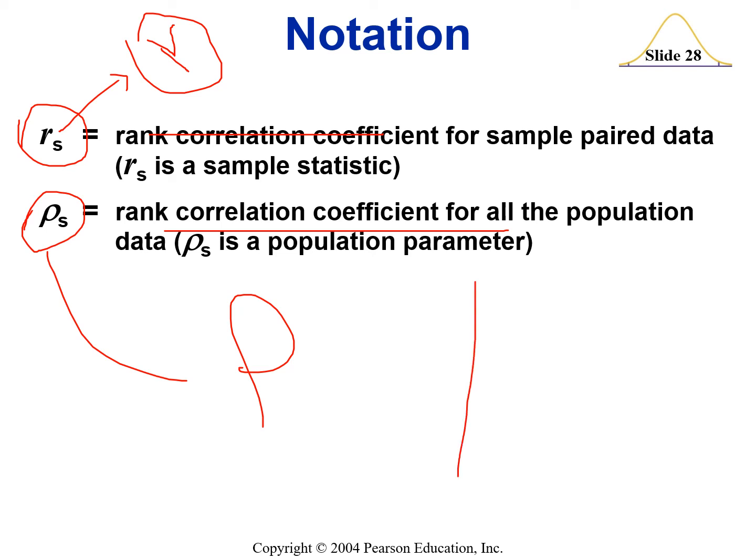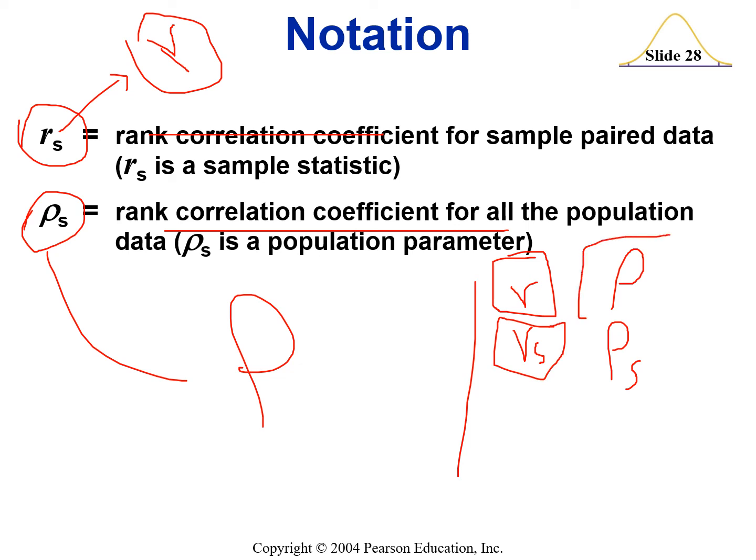So be careful. Here we have r, rs, rho, and rho s. r is the linear correlation coefficient for a sample. rs is the rank correlation coefficient for a sample. Rho is the population linear correlation coefficient, and rho s is the population rank correlation coefficient.